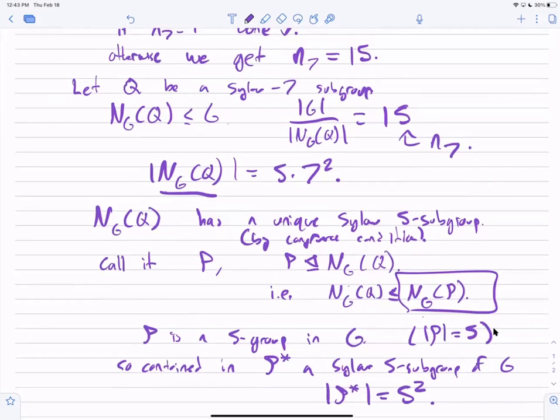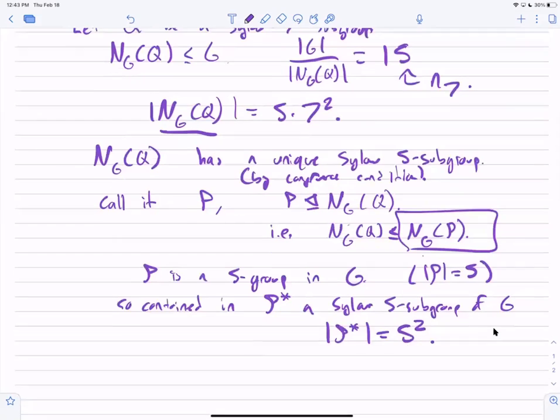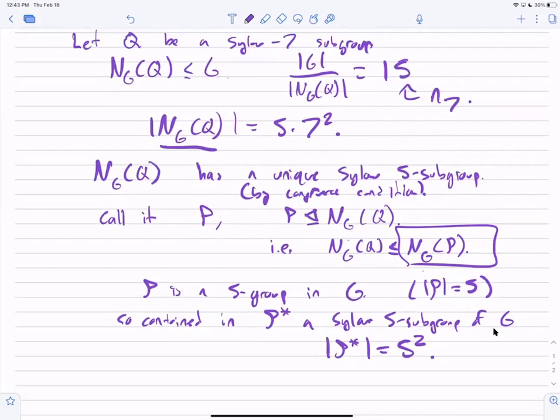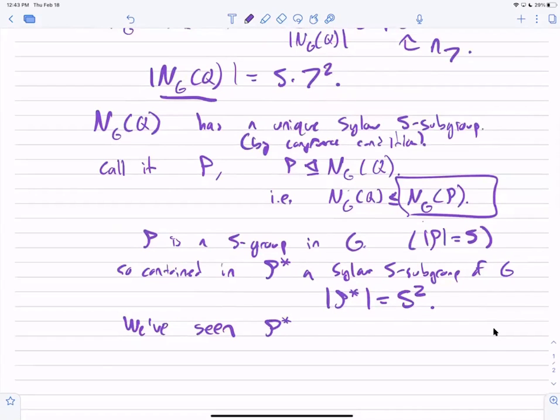Okay, we've seen that P star is a group of order the square of a prime. So in particular, a group of order 5 squared is abelian.